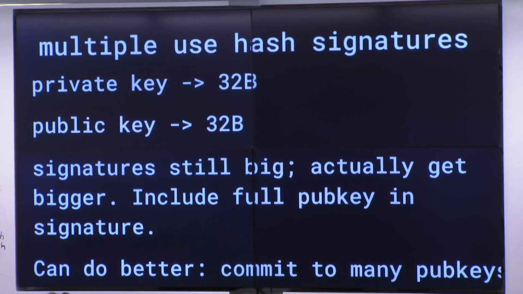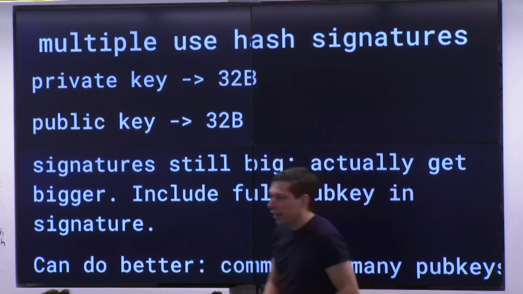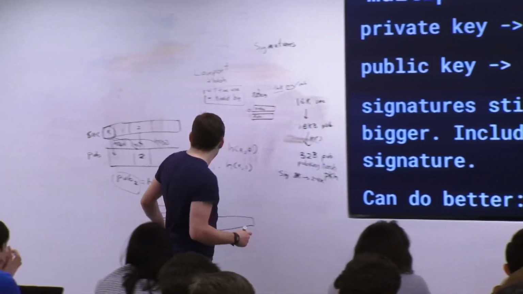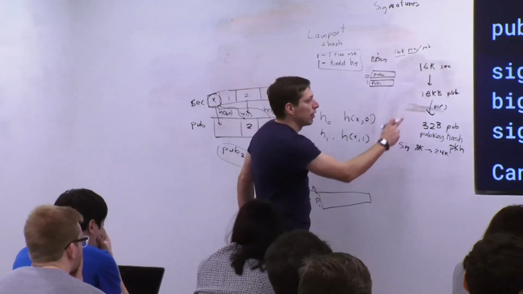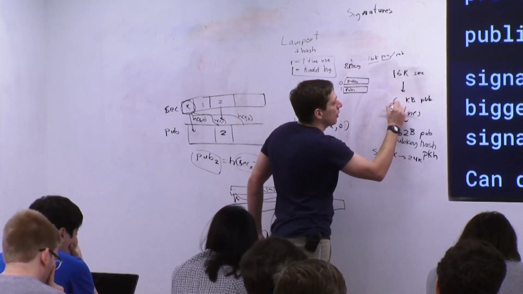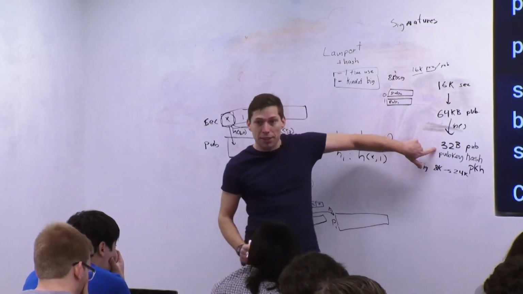The problem, the signatures are still big. They actually got a little bit bigger because they include the full public key in the signature. And let's say we had one of these things where we make a bunch of public keys and commit to them at the outset. So you say, okay, I've got a 64 kilobyte pub key. I can commit to the whole thing by hashing it.